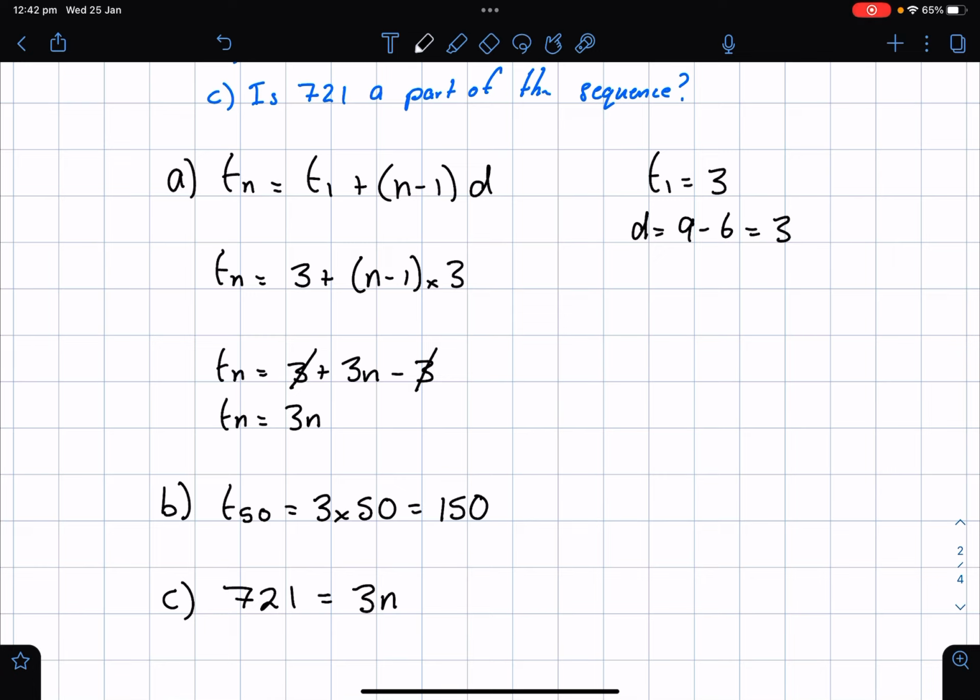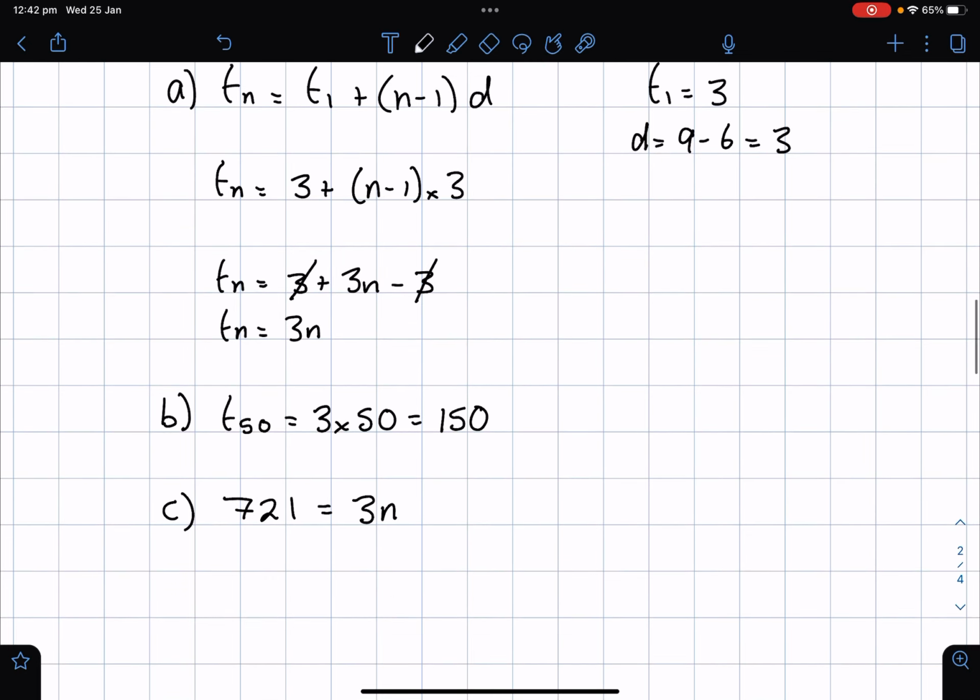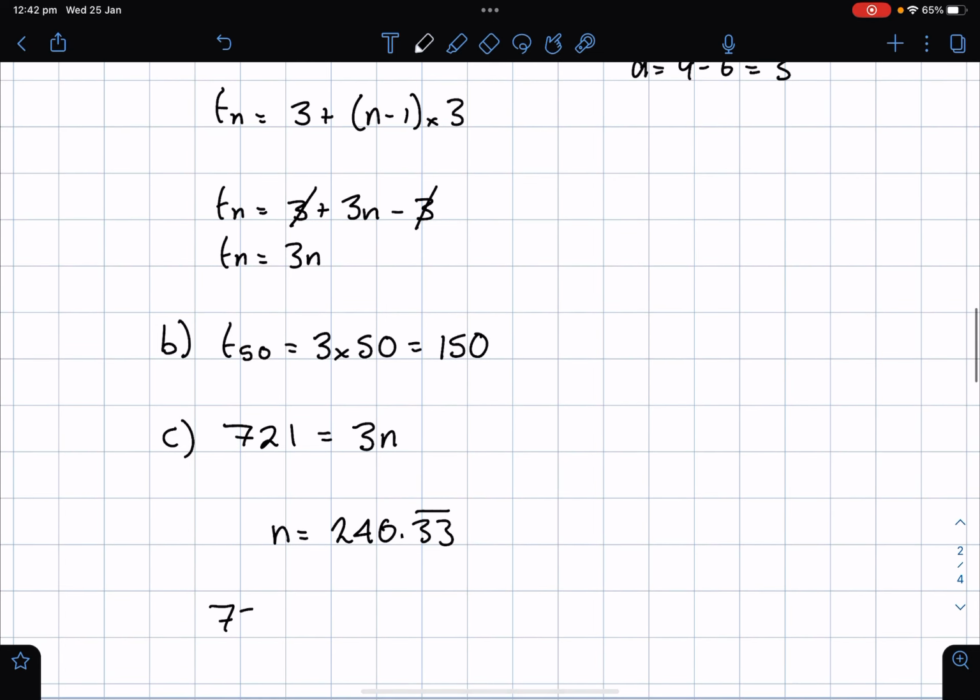Now, our one condition on these types of questions is that n has to be an integer, which means it has to be a whole number. So to get n by itself, we divide both sides by 3. Now, 721 divided by 3 is 240.33 recurring. Now, because this is not a whole number or an integer, we say that 721 is not a part of the sequence.